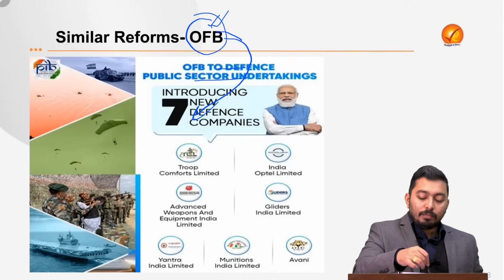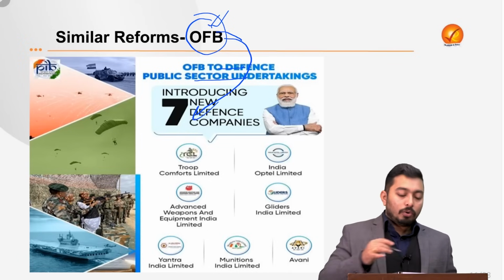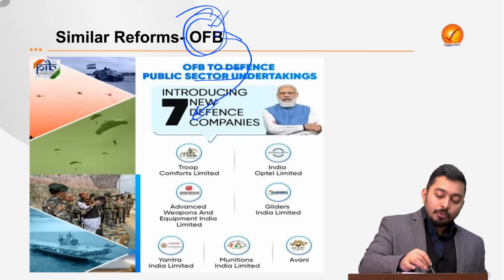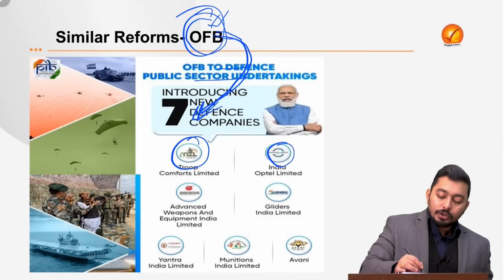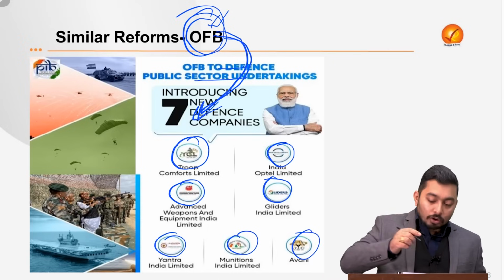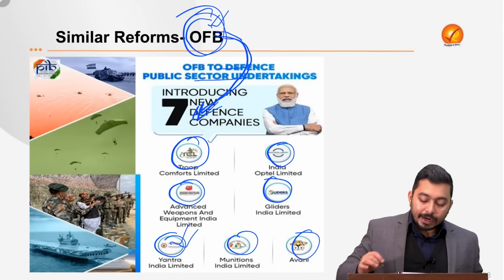So 7 new companies were introduced which were demerged. The OFB is not a listed corporate entity as such, but it was broken into new PSUs which can work with new energy in a particular sector. So rather than having a single large company, sectoral experts were created.